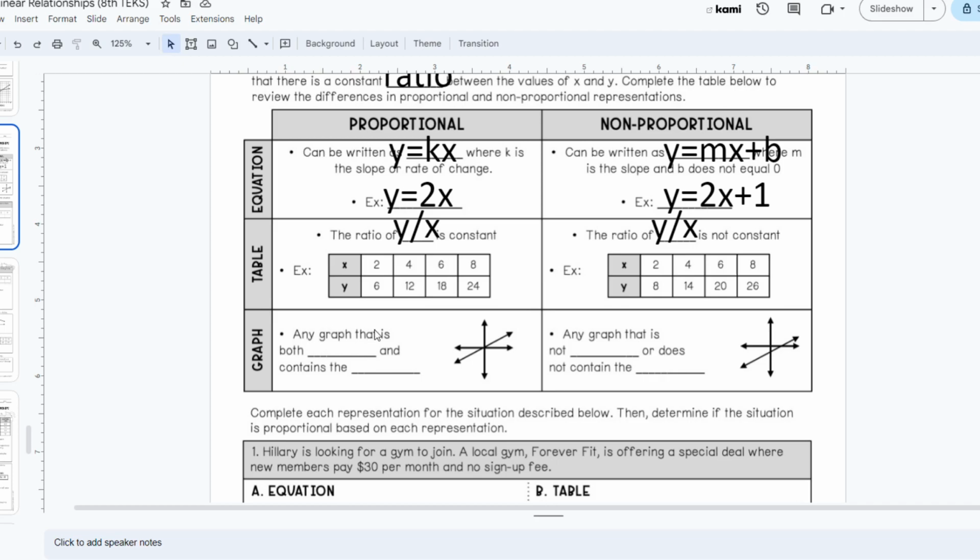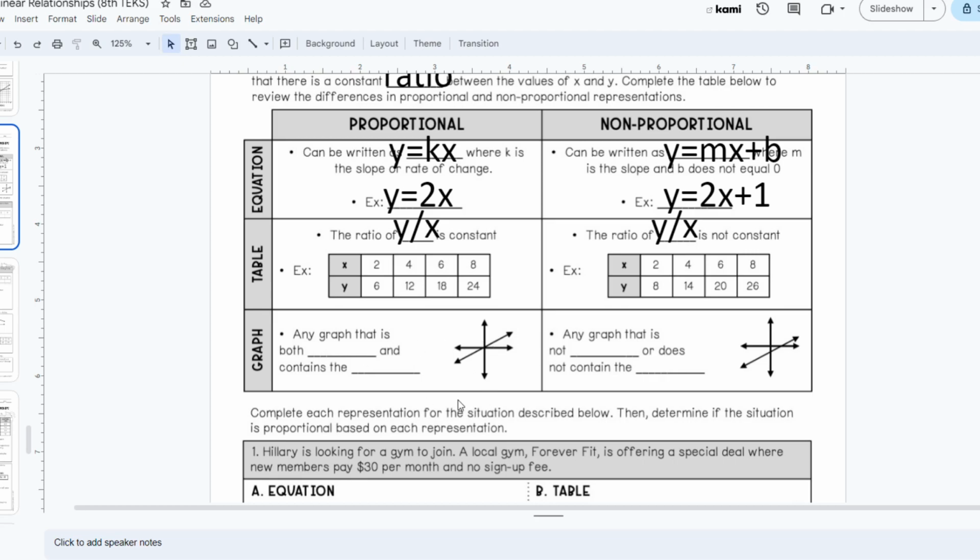Any graph that is both blank and blank contains the blank. So proportional and passes through the origin?